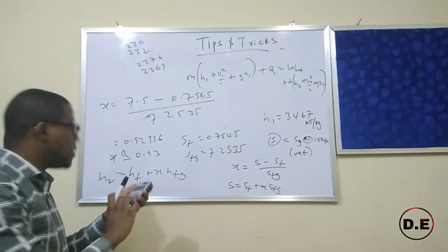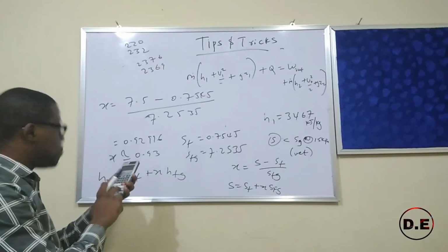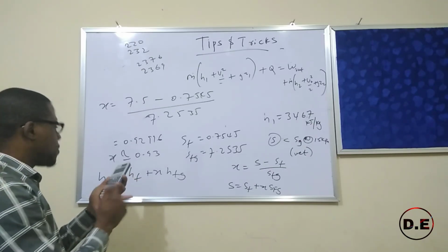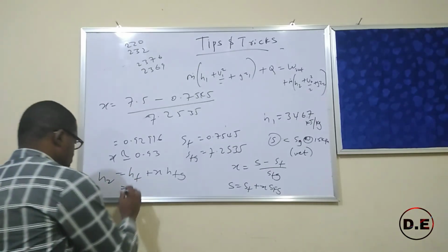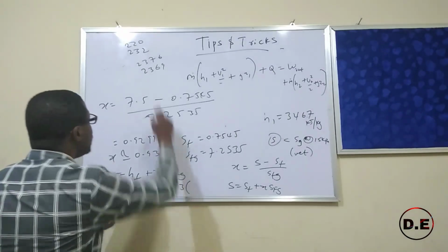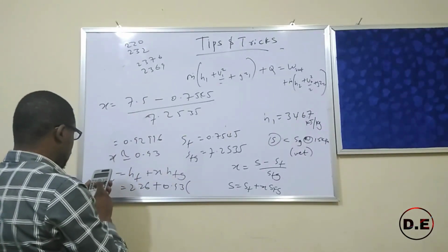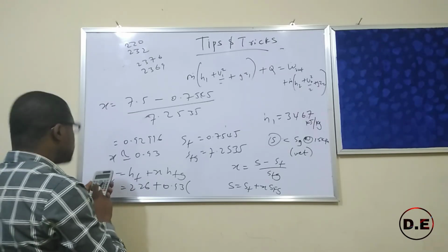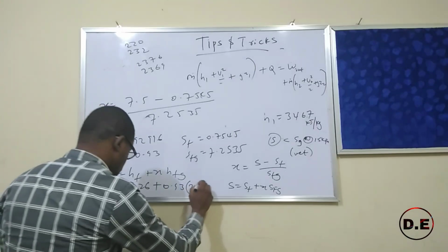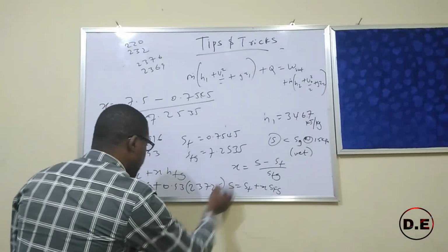So if I do that, I'll have 220 plus 232 divided by 2, and that is hf is 226, plus 0.93 times hfg, 2376 plus 2369 divided by 2, and that is 2372.5.